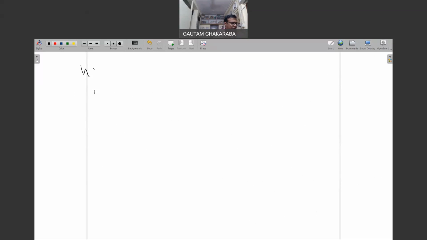A cubical block of side 7 centimeters surmounted by a hemisphere.